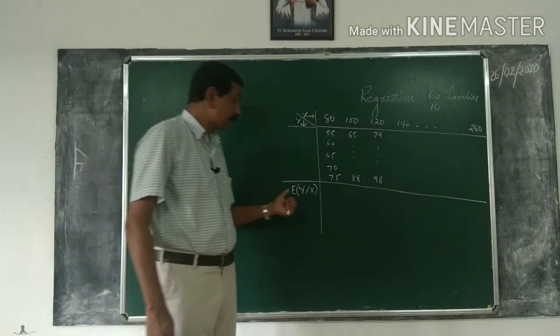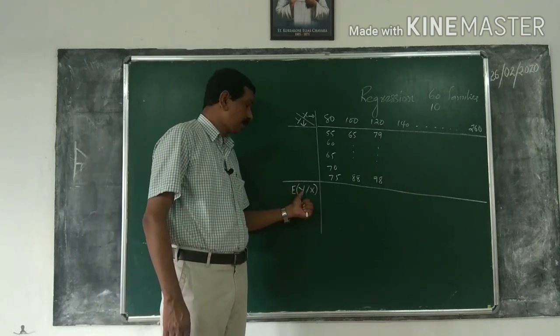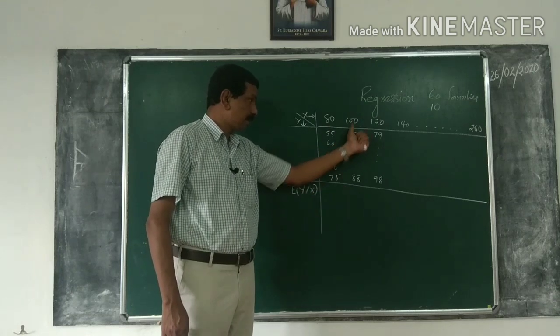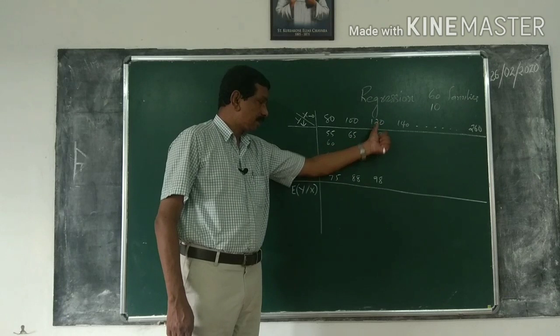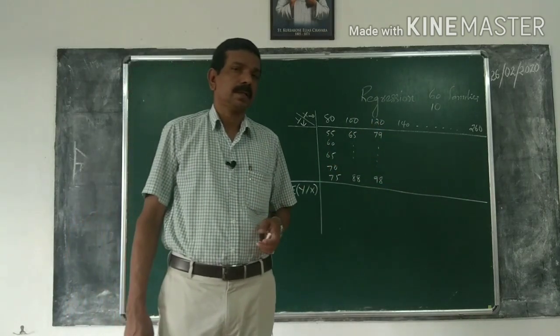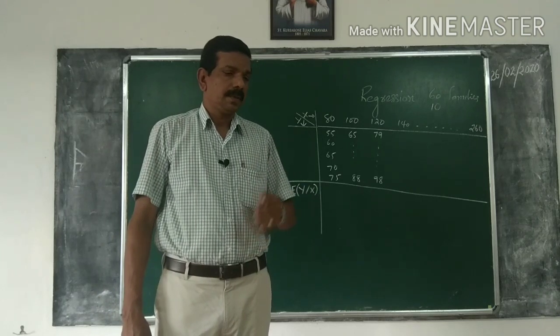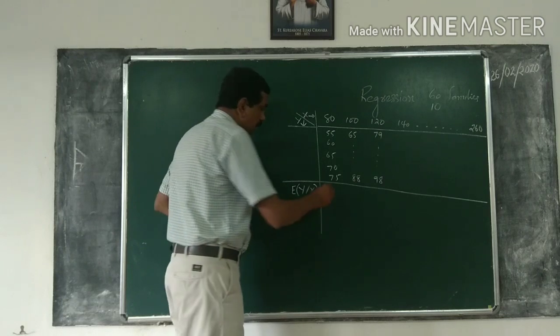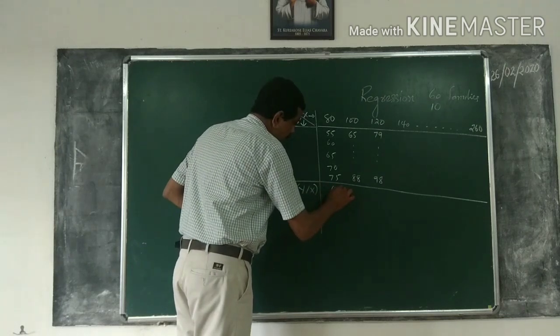That is the conditional expectation of y given that x is equal to 80, x is equal to 100, x is equal to 120, x is equal to 140, etc. In the first income group, this expected y given x is 65.